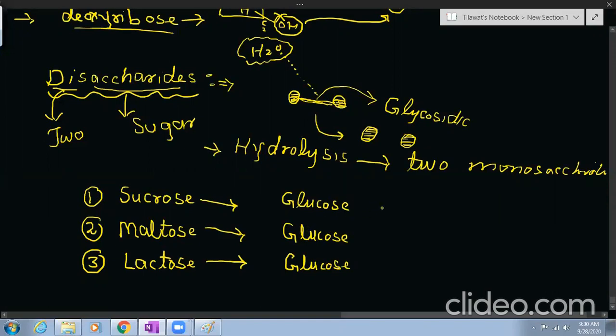In this sucrose, we have another monosaccharide that is called what? Fructose. That is called fructose. This maltose has glucose. Am I clear? And this lactose has galactose.